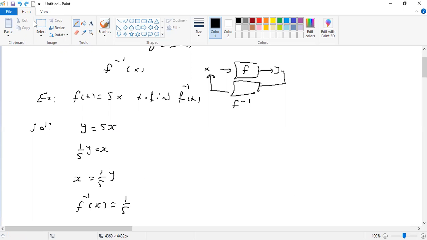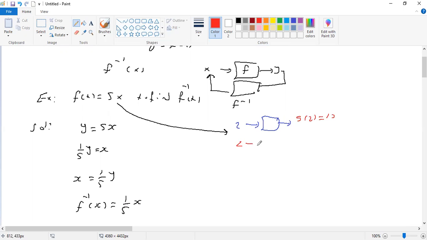Okay, so 1 over 5 x. Now this represents the inverse function. Why is this the inverse function? Because it returns back to this function. If I input 2 in this function, what is the output? The output will be 5 times 2, which is 10.